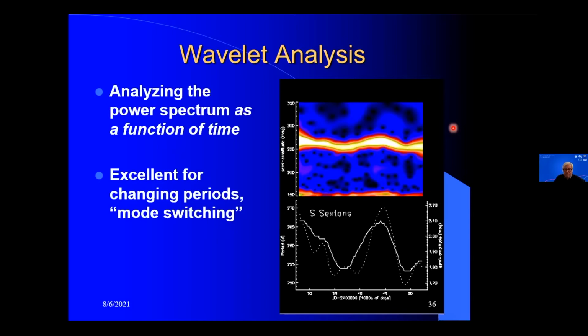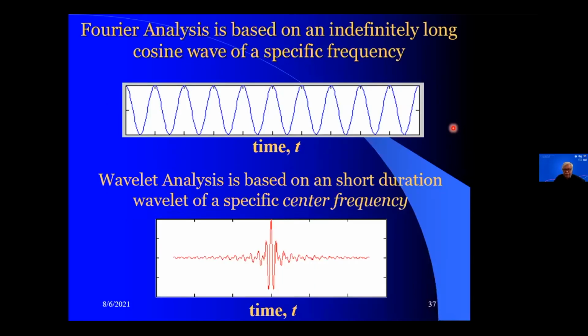But this is powerful. While Fourier analysis is based on an indefinitely long cosine wave of a specific frequency, as shown here, wavelet analysis is based on a short-duration wavelet or kernel of a specific center frequency. Imagine that you have data against time, and then you apply this kernel, multiplying it into the data.